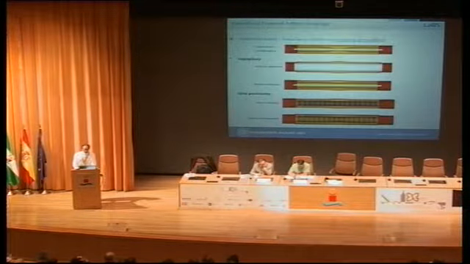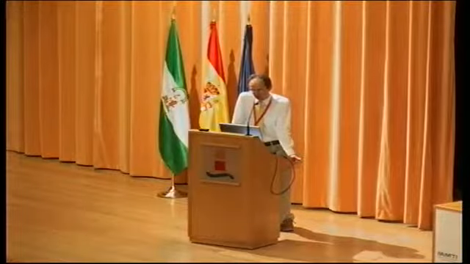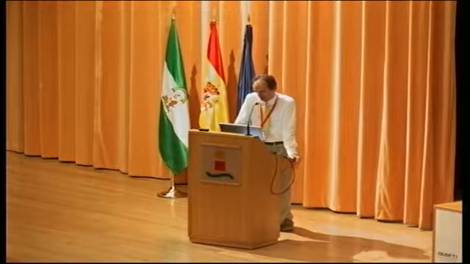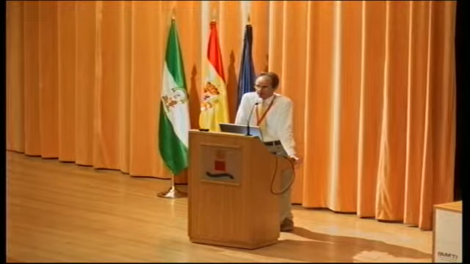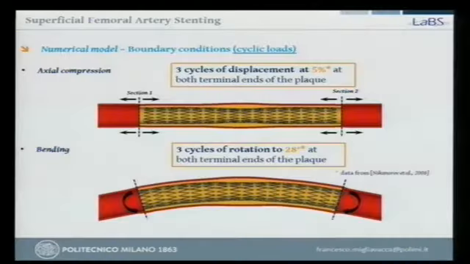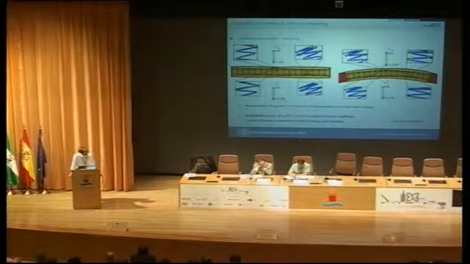And the simulation is done before an angioplasty, which is routinely done before the implantation, and then there is the crimping of the stent and the self-expansion of the stent inside the vessel. Once this is done, then we can apply the biomechanical force that we presume to act on the stents in terms of axial displacement and bending. And here you can see the boundary condition applied. And these are some of the results.